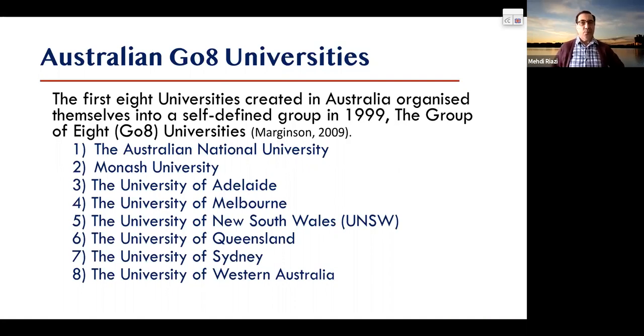The Group of 8 universities include the Australian National University, Monash University, the University of Adelaide, the University of Melbourne, the University of New South Wales, the University of Queensland, the University of Sydney, and the University of Western Australia.